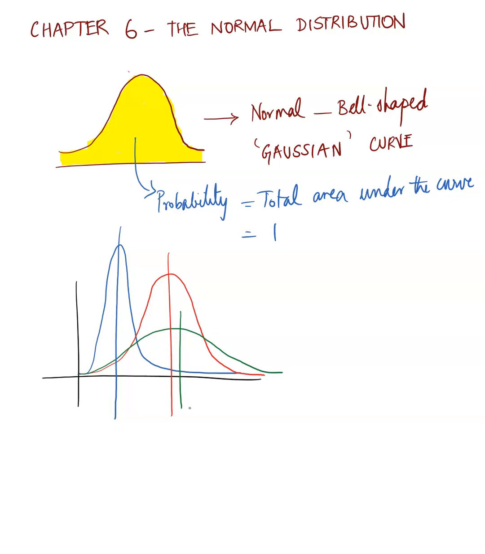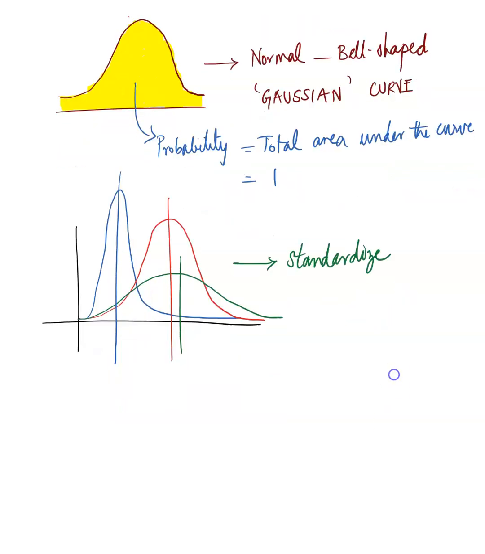And because of that, we really like to standardize them. When we standardize each one of these graphs, it's like putting them on a new scale. When we standardize them, they will all be like this, where the center is always 0. So the mean is 0 and the standard deviation is 1.